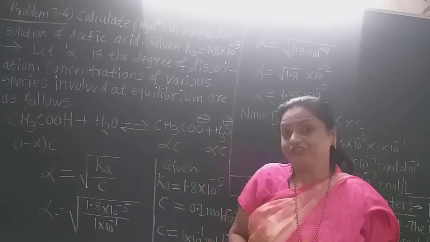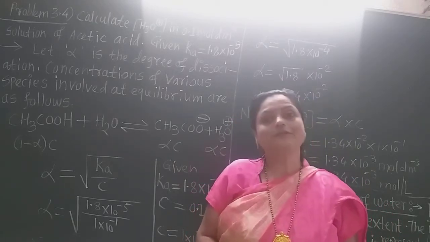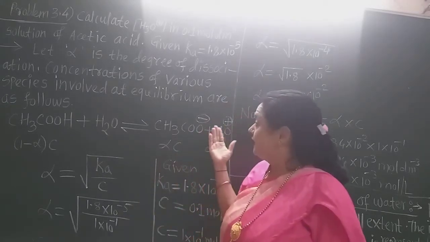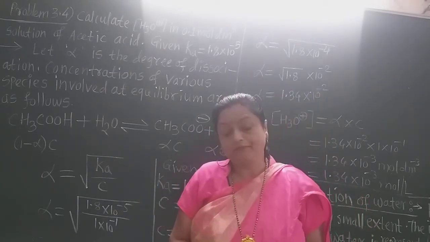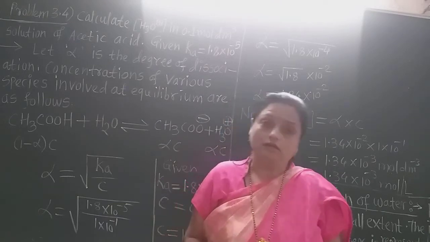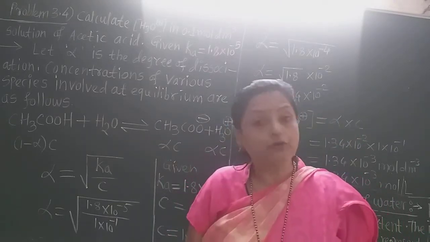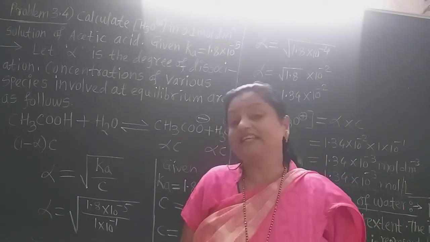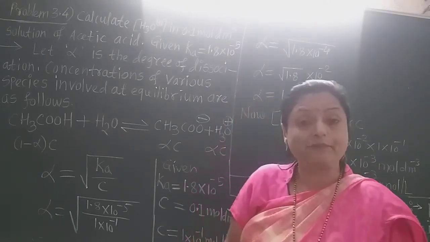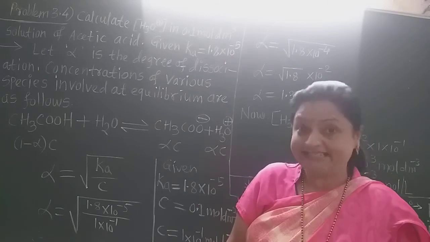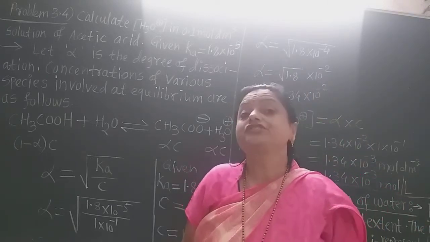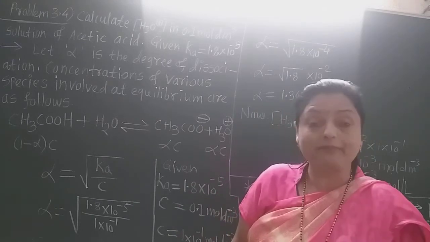From the last two lectures we are learning chapter number 3, that is equilibrium, that is ionic equilibrium. We already learned about strong and weak electrolytes, as well as strong and weak acids and bases, how they ionize, and what is the dissociation constant of a weak acid and weak base.